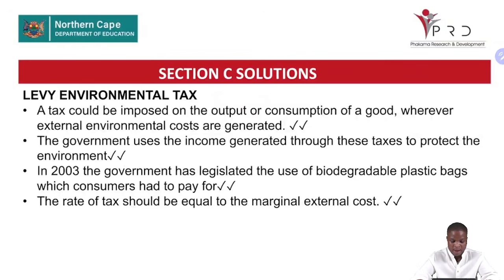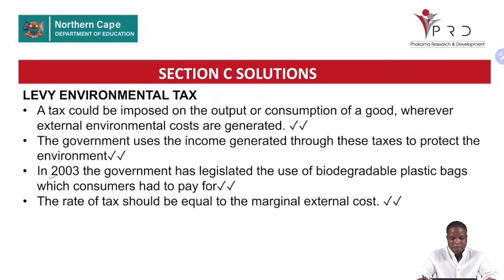Prior to that, you may not remember this, because that is back then, we used to get plastic for free. Those plastics were non-biodegradable. And then after 2003, the government introduced that we should pay for the plastic.